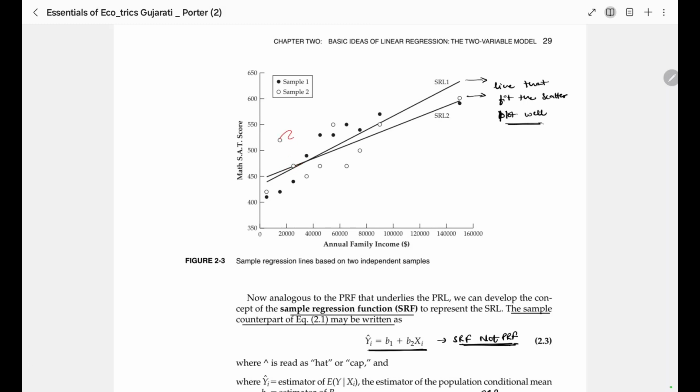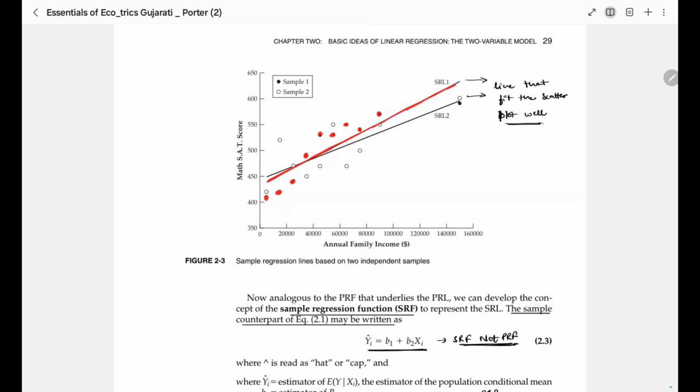These are the values. These are sample 1 values, the black dots, and these are from sample 2. Sample 1 is going upward like this, so we make a sample regression line for sample 1. Similarly, we make a sample regression line for the second sample. These lines fit the scatter plot; they show the trend, that is, where our data is moving.